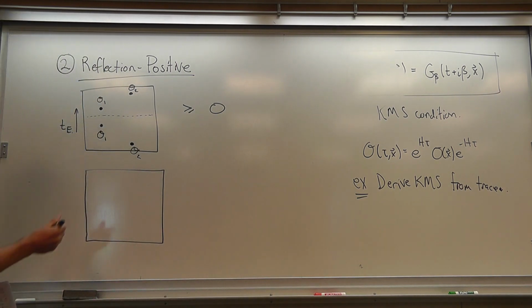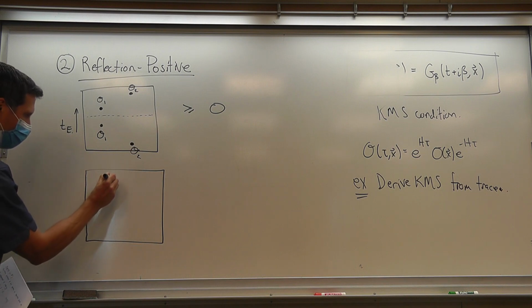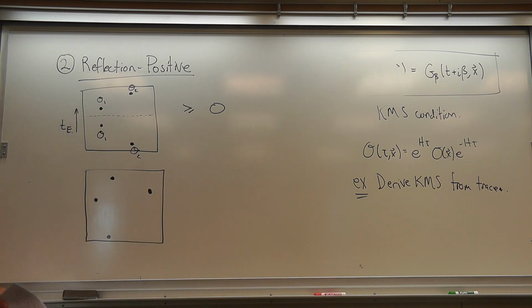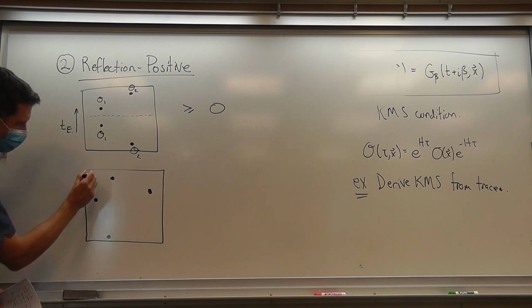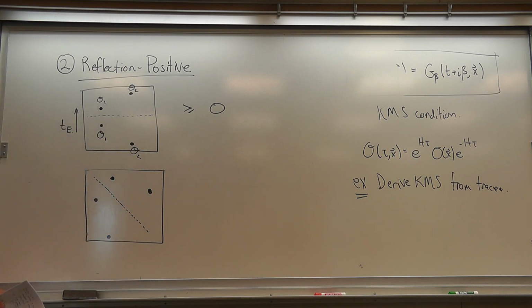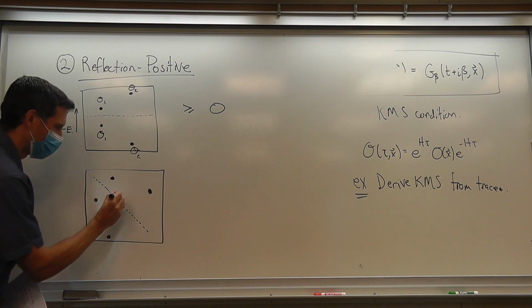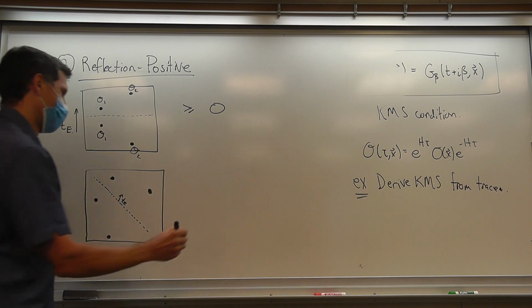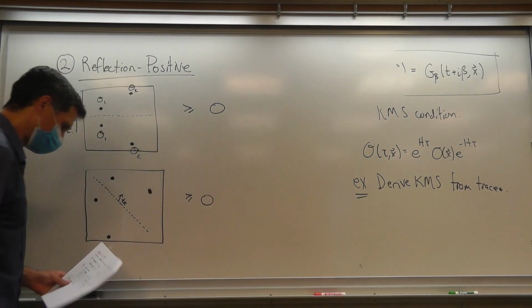And so if I give you a configuration like this one, well, that doesn't look particularly symmetric if I think about time as going up, but I can draw a reflection plane that looks like this, and think of my Euclidean time as running perpendicular to it, and this configuration is symmetric with respect to that plane, so this one must also be positive.